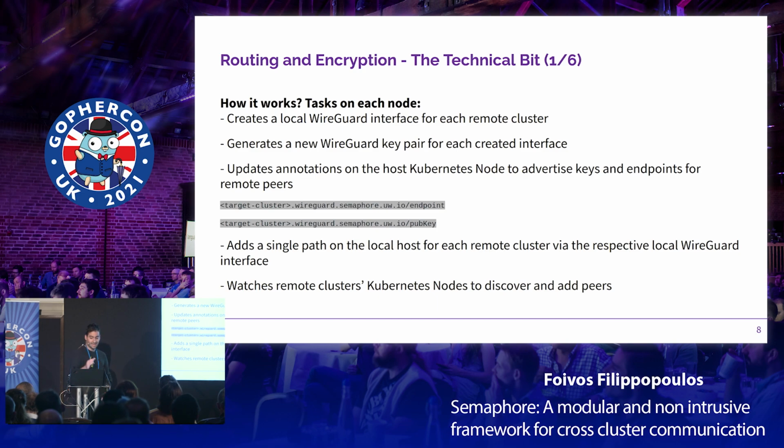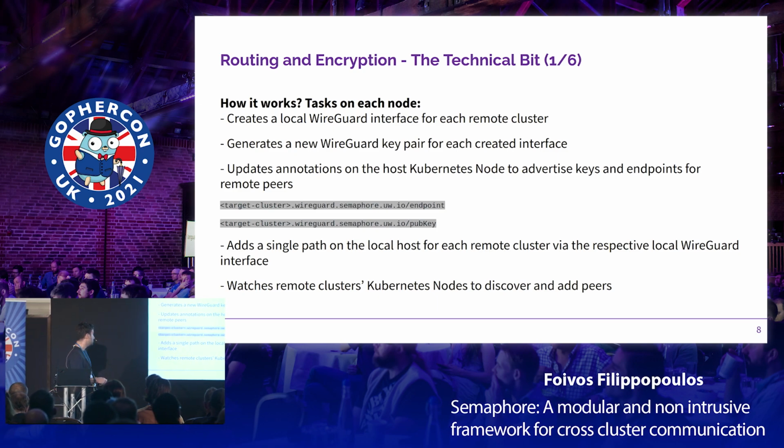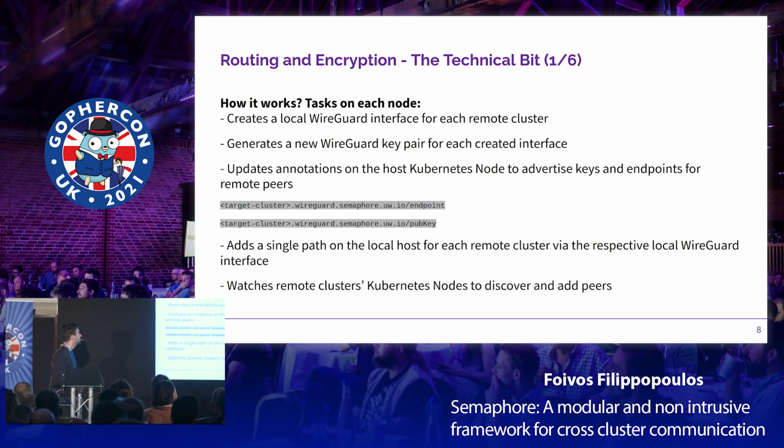It has a list of tasks it tries to do, including ensuring that we have WireGuard devices running, configuring the peers, and rotating keys. And as I said before, it's going to use annotations on Kubernetes nodes to communicate the details from a local peer to all the remote peers.